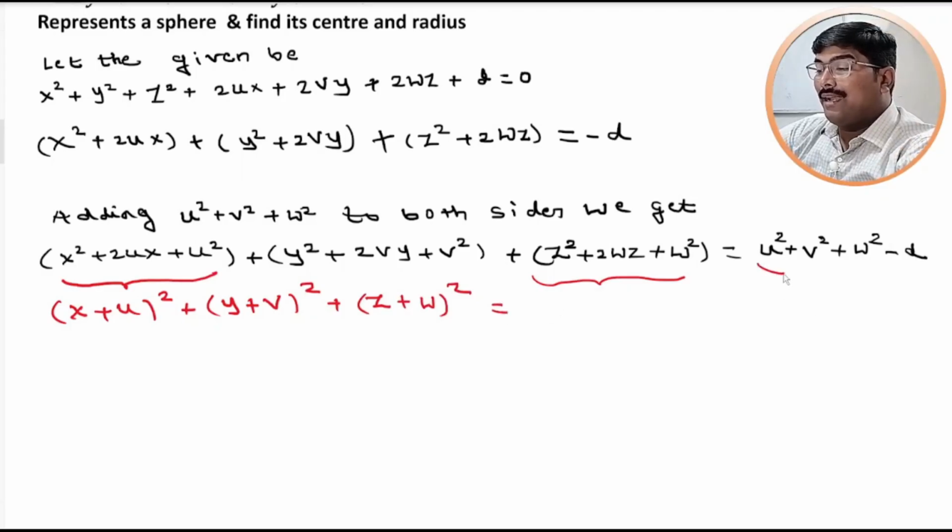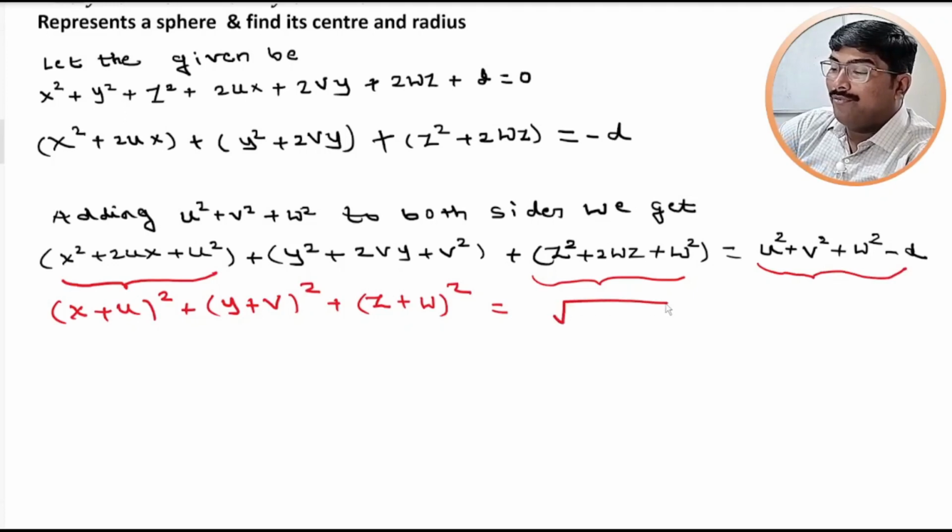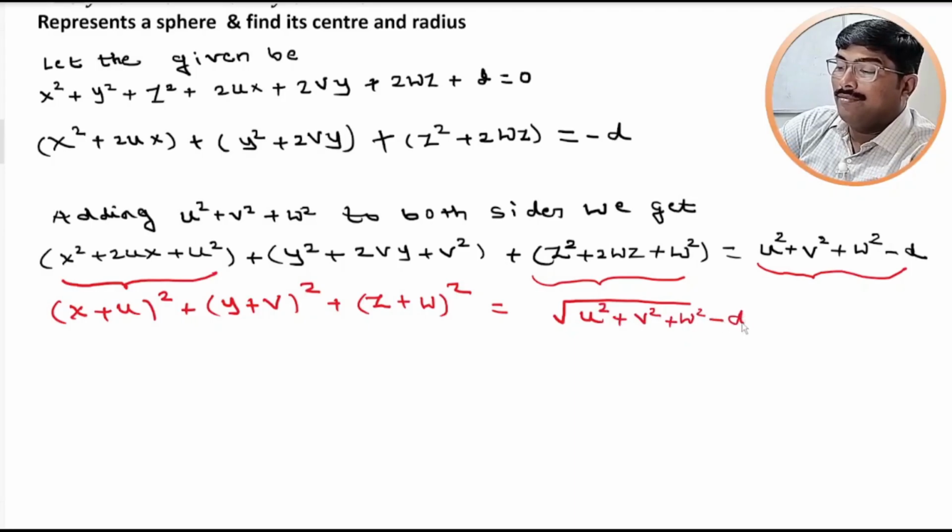And the right hand side, u square plus v square plus w square minus d. We can also write it as square root of u square plus v square plus w square minus d bracket square. So root square means root gets cancelled.